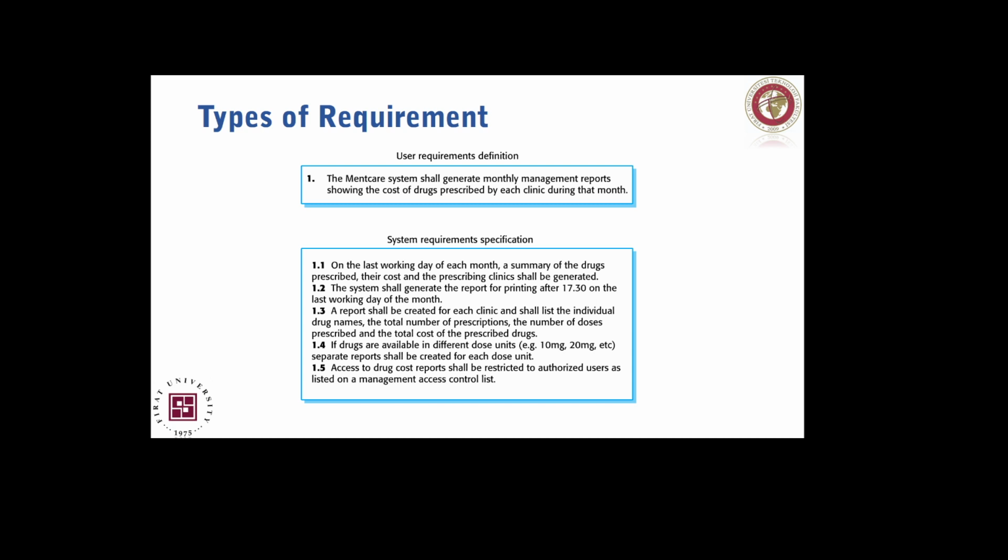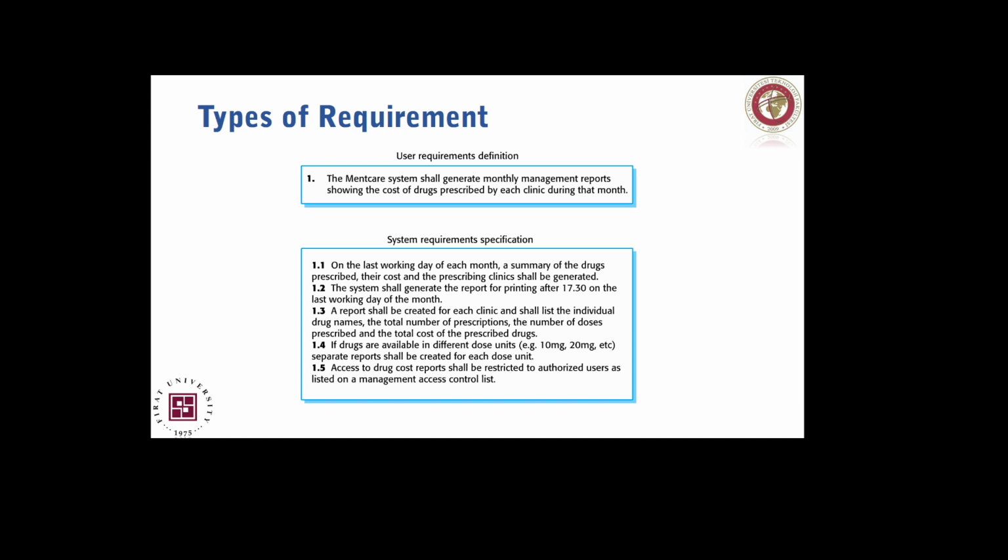Then what are we expecting as requirements? Usually we define certain functionality from our own perspective. Do you remember the Mentcare we explained about a few chapters ago? So we explained about one system for mental health care. This system may have such a user requirement definition. Let's just read it.